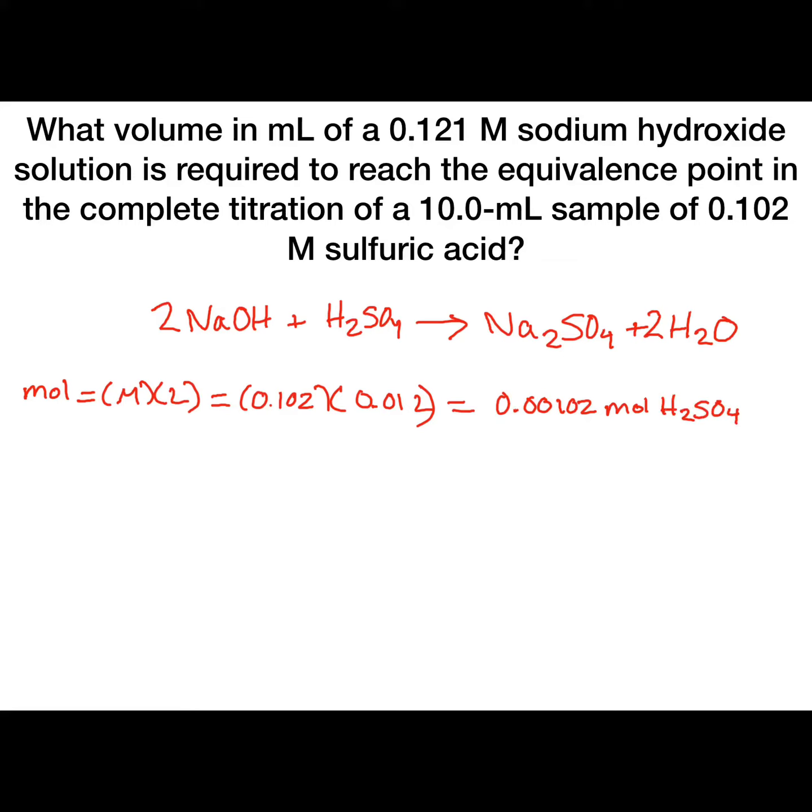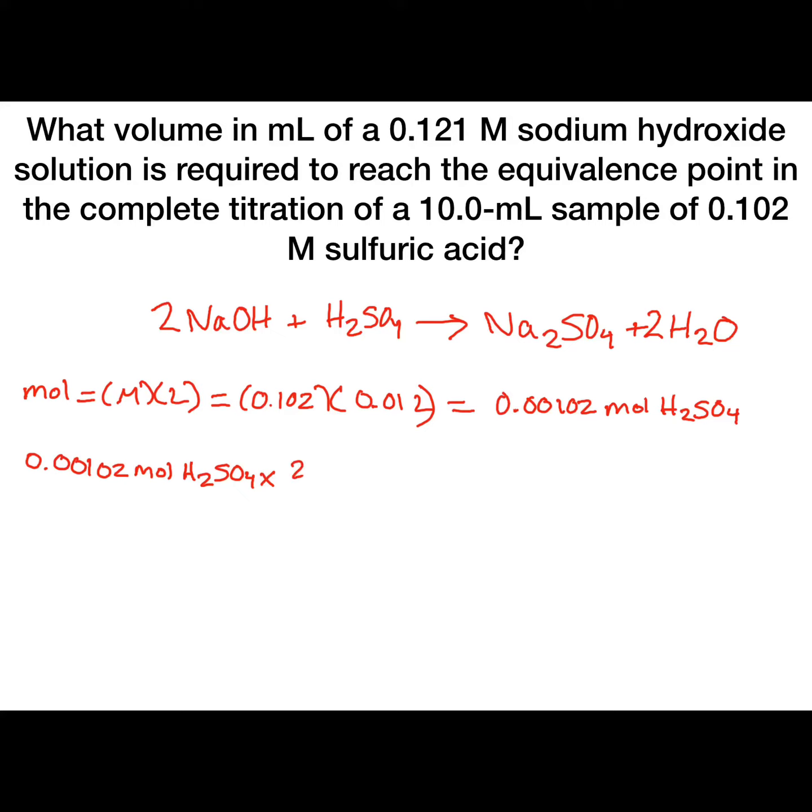Okay, so now that we have our moles of sulfuric acid, we can use our balanced chemical equation here to compare the moles of sulfuric acid to the moles of sodium hydroxide. So we need to start with what we are given, which is the 0.00102 moles of sulfuric acid, which is what we found. So we have 0.00102 moles of sulfuric acid times, now according to the balanced chemical equation, there are 2 moles of sodium hydroxide for every 1 mole of sulfuric acid.